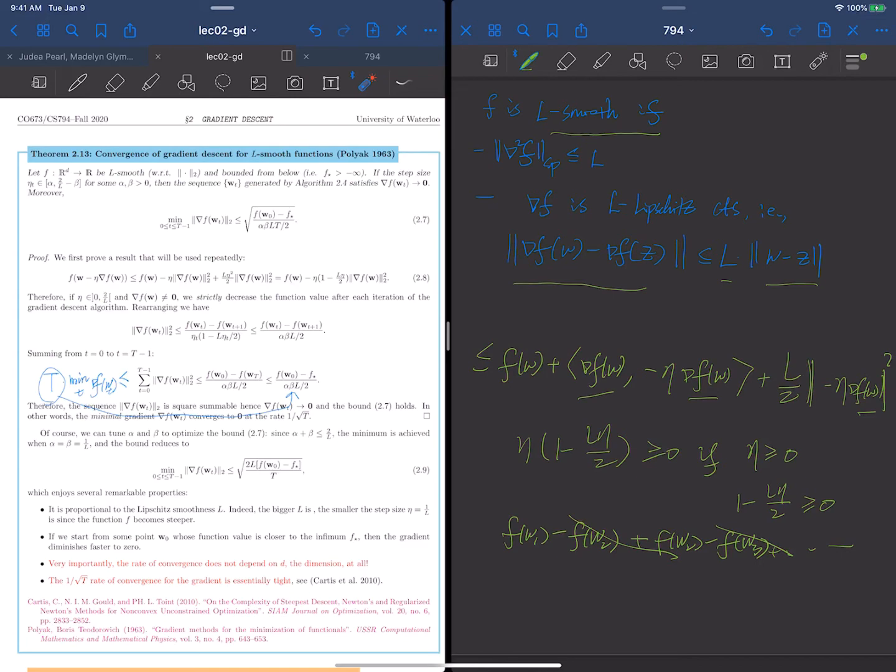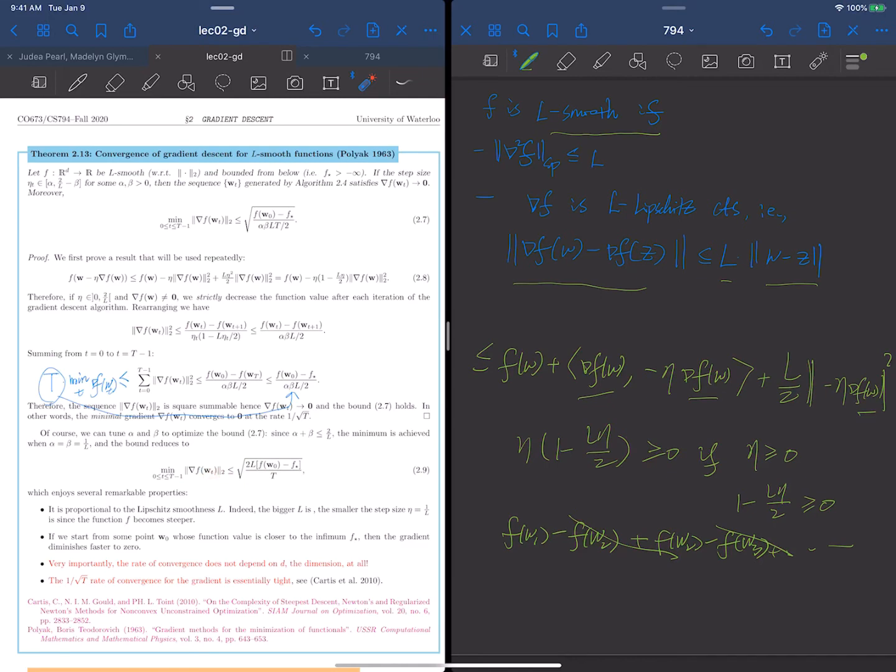It also makes sense in the second term here as well, because if my initialization w0 is very close to the minimum value f star, right, then my algorithm should converge faster. And indeed, the bound will become smaller if your initialization is better. Okay. And also, one thing that machine learning people like the most is that if you look at the convergence rate here, it doesn't depend on the dimension of w.